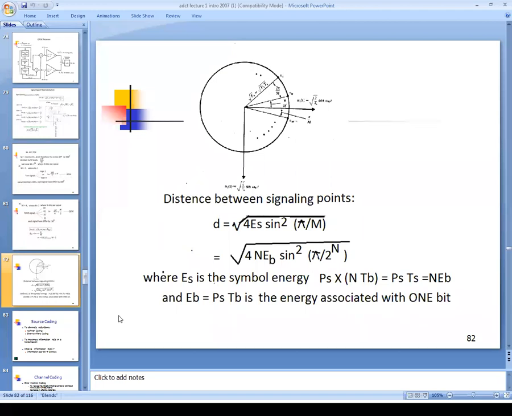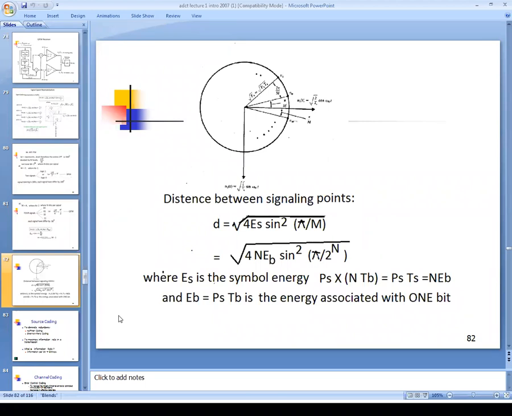The distance between the signals is D equal to root of 4 Es sine square pi by M, or root of 4 n Eb sine square pi by 2 to the power of n, where M is equal to 2 to the power of n. What is Es there? Es is the symbol energy or signal energy.